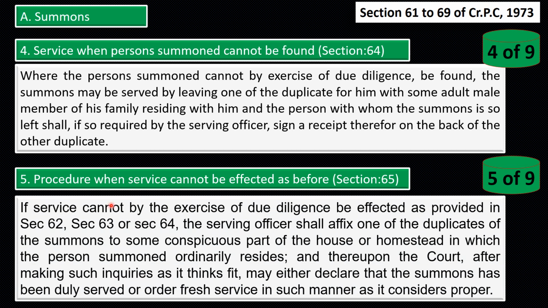If the service cannot, by the exercise of due diligence, be effected as provided under Sections 62, 63 and 64, the serving officer shall affix one of the duplicates of the summons to some conspicuous part of the house or homestead in which the person summoned ordinarily resides, and thereupon the court, after making such inquiries as it thinks fit, may either declare that the summons has been duly served, or order fresh service in such manner as it considers proper.